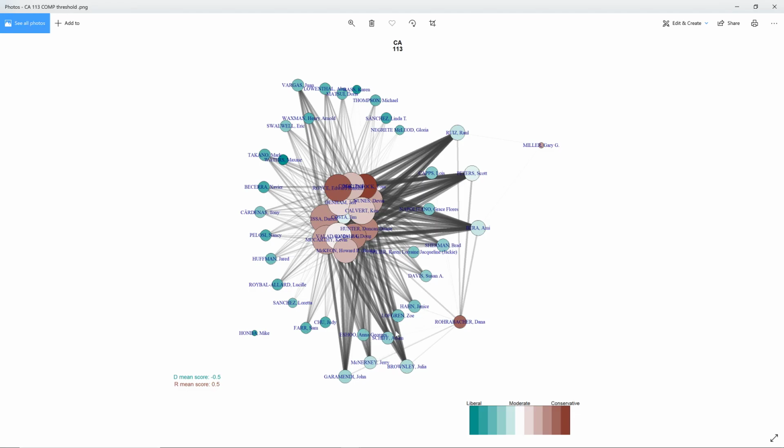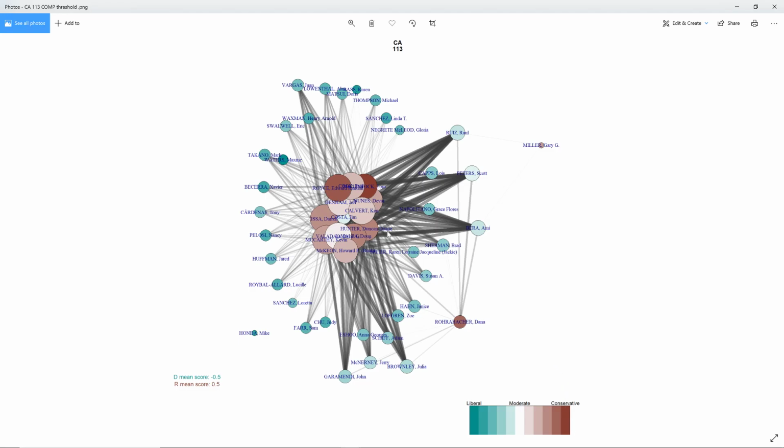But we can see here in particular that most of the Republican nodes in California are a lighter shade of red. There's one very white, or I think that's a blue node actually, but this one is quite white. And for the most part, most of them are quite moderate. There's only, looks like 1, 2, 3 nodes that are very conservative.